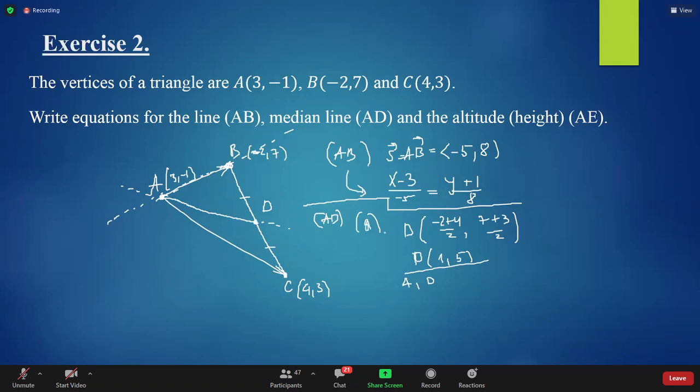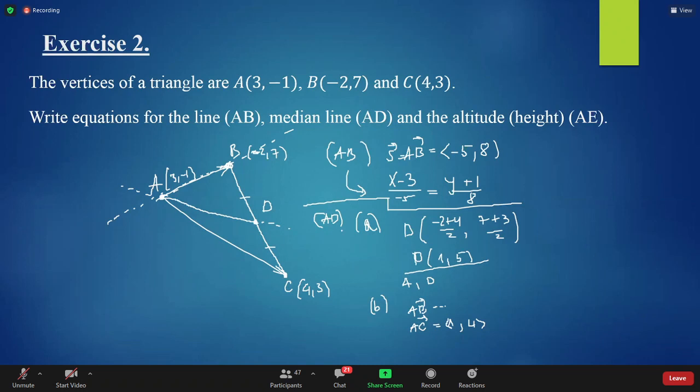The second possibility would be: vector AB is given, vector AC is from 3 to 4, which is 1, and from -1 to 3 is 4, so (1, 4), and you can write the direction vector. You can have half of AB plus AC, or you can have the full diagonal of that parallelogram.